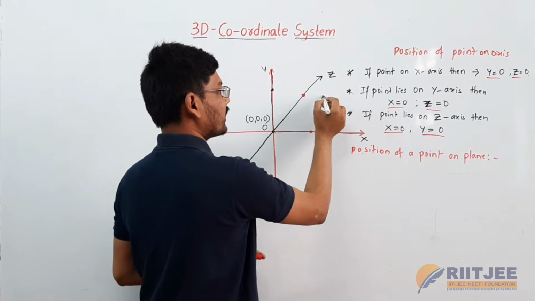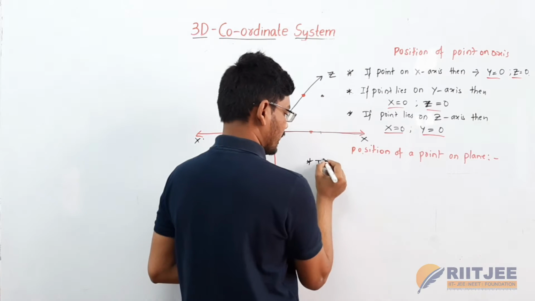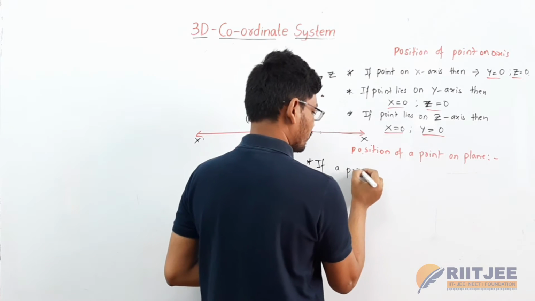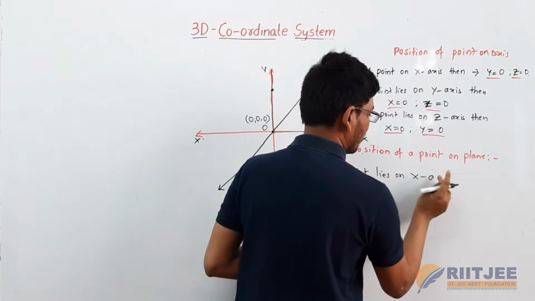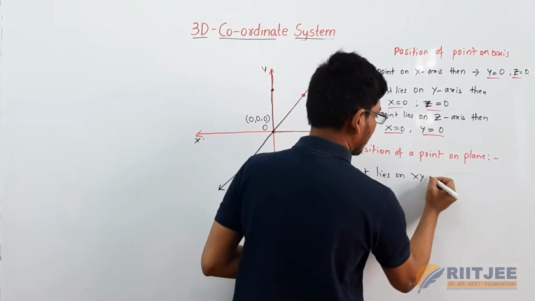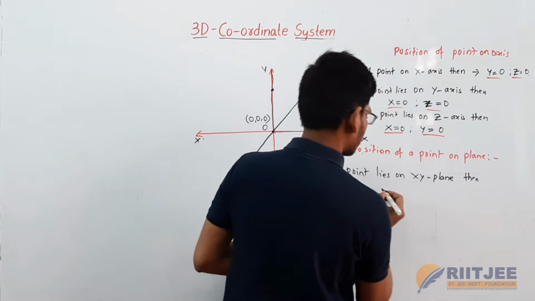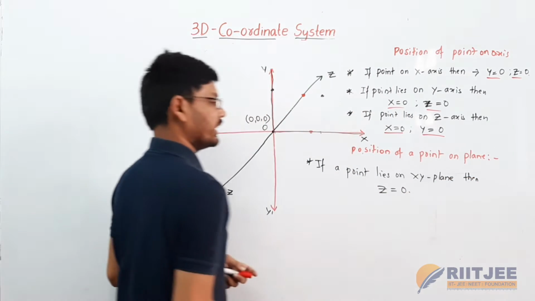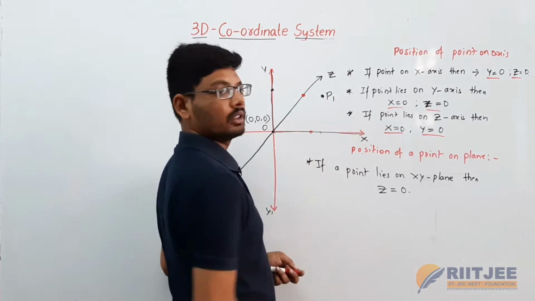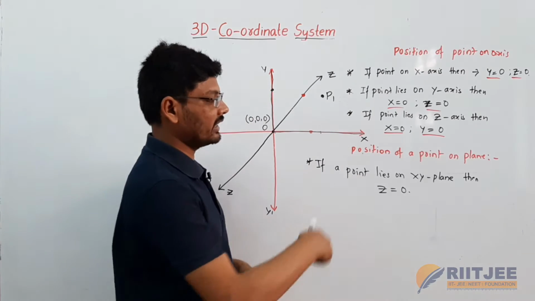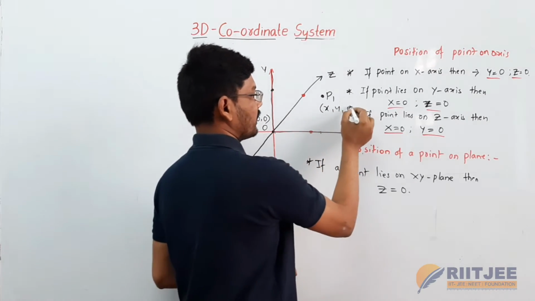If a point lies on the xy plane, what will happen here? If a point lies on the xy plane, this is P1, then the z value will become 0, that is nothing but x comma y comma 0.